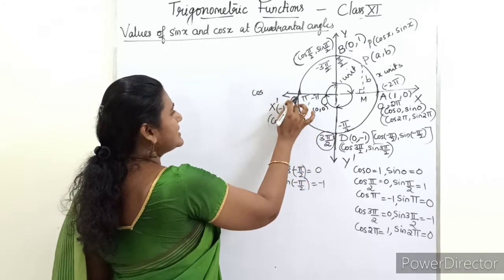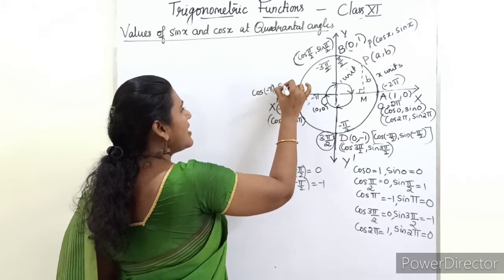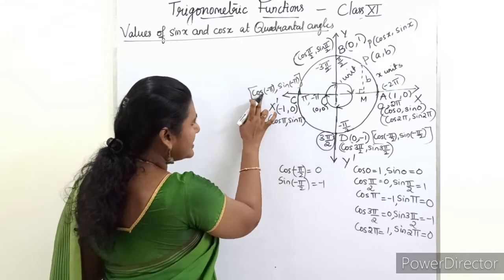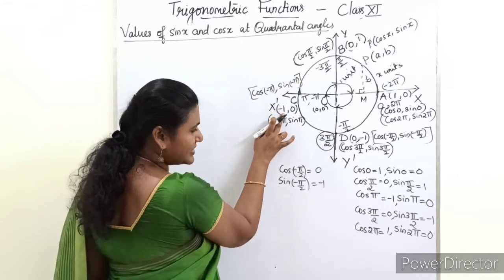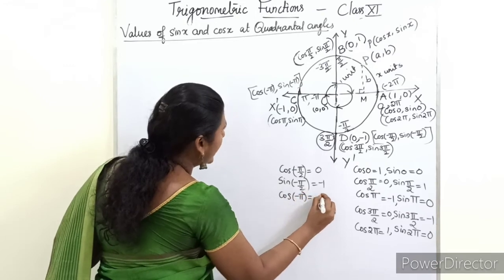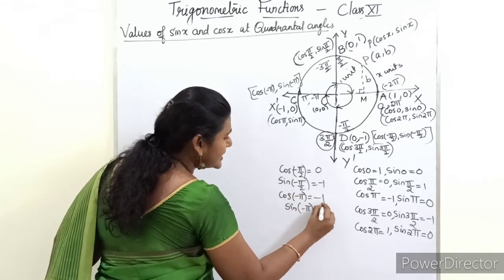This point C we can write as cos minus pi comma sin of minus pi. Comparing with the coordinate of C, cos of minus pi is equal to minus 1 and sin of minus pi is equal to 0.